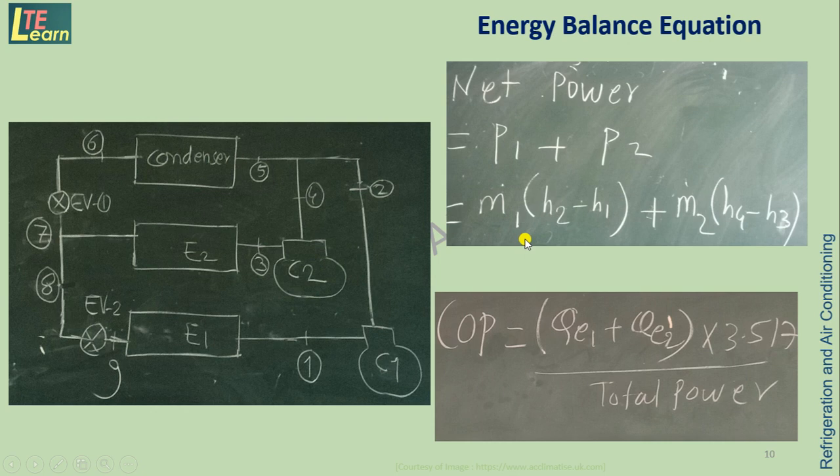M1 dot for first compressor, the enthalpy change across compressor 1, H2 minus H1, plus M2 dot, means second compressor mass flow rate multiplied by enthalpy change across second compressor, H4 minus H3. COP will be equal to total cooling effect from evaporator 1 and evaporator 2 in TR, converted into kilowatt using this multiplier, divided by total power, which is written here.